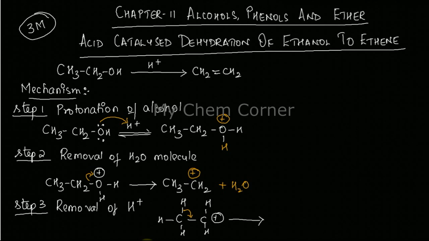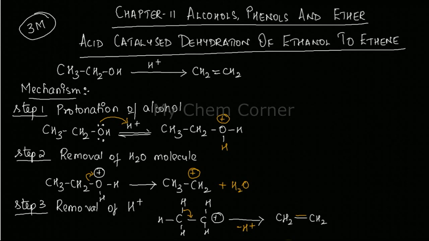I have carbon with 2 hydrogens already, so I'm putting CH2. It was initially single bonded and then a CH2 here. Now since the bond is broken, I am going to get a double bond over here. So that I'm going to form ethene and I'm going to remove a H plus. So H plus is introduced in the first step and it is removed in the last step.